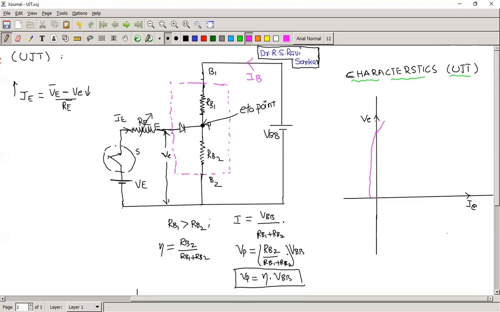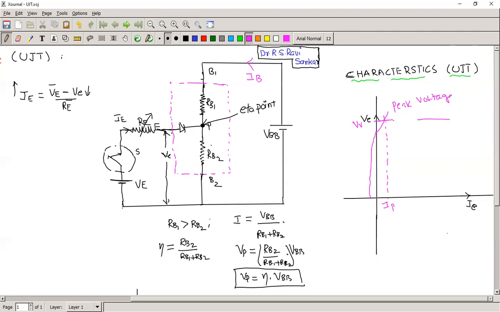So this voltage is nothing but the peak voltage, and the corresponding current is the peak current. This peak is VB that we represent. At this point, this diode will be forward biased. Once the diode is forward biased, it is injecting charge carriers here.